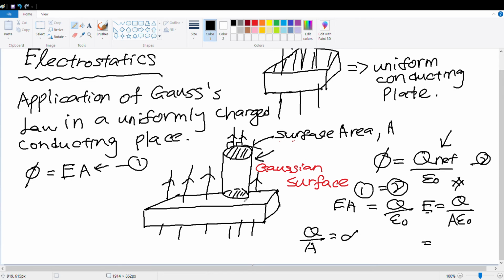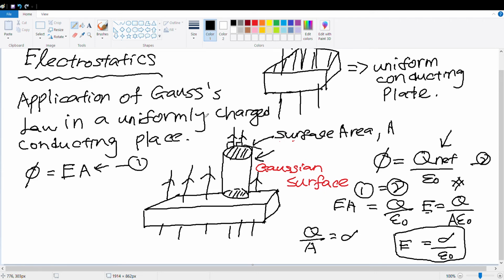So what we have here, Q over A, is actually sigma over epsilon naught.